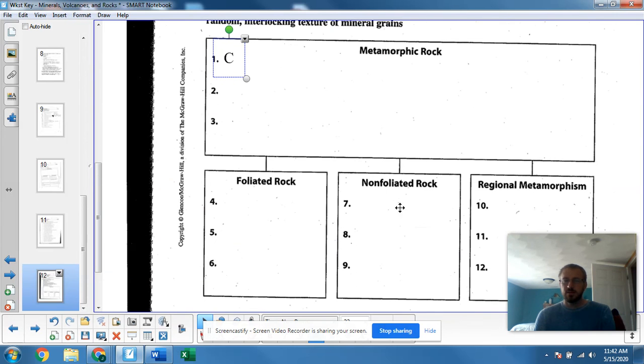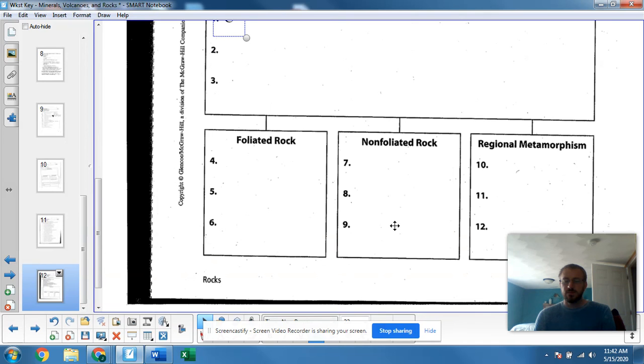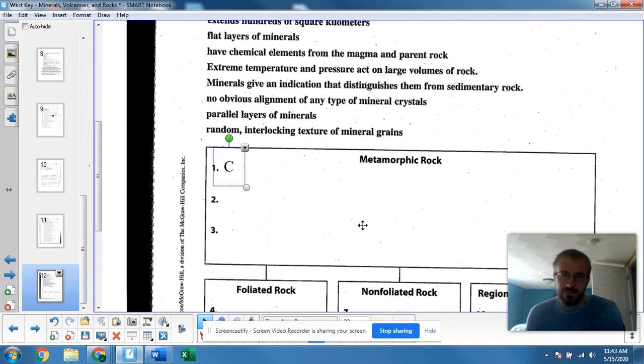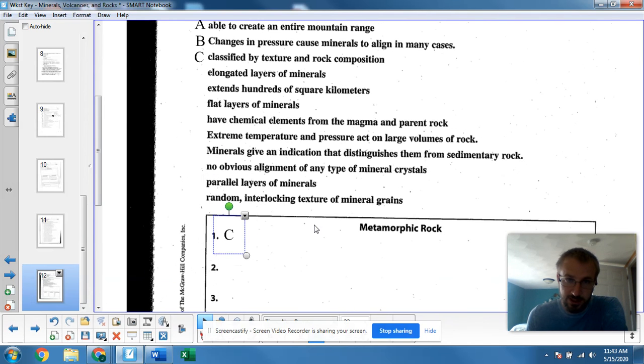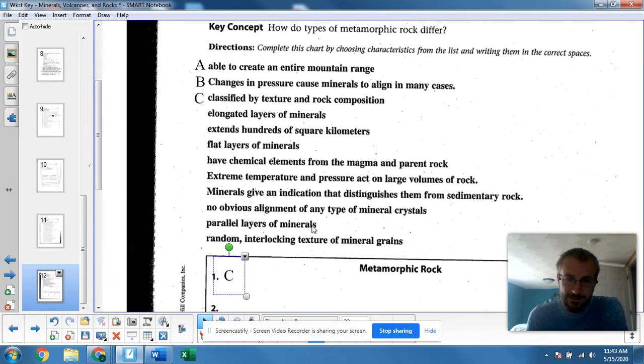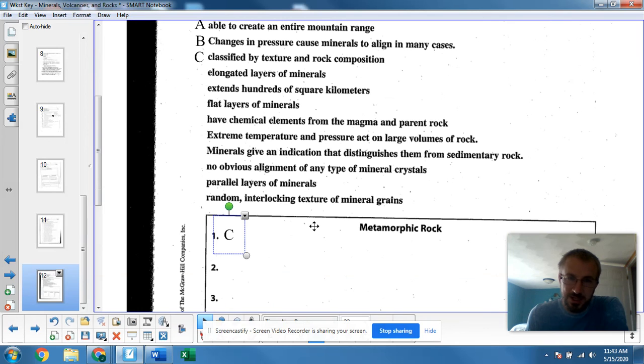That the crystals kind of interlock with each other in a different way every time. Okay, and then there's some that apply to just the metamorphic rocks. Sorry, I'm trying to figure out ways to do this without just giving you the answers, and it's kind of difficult.